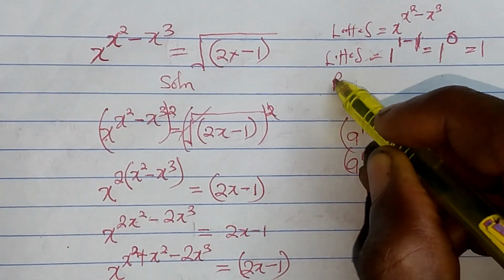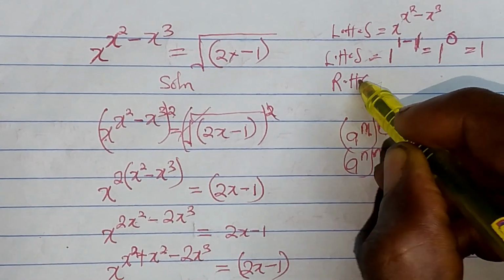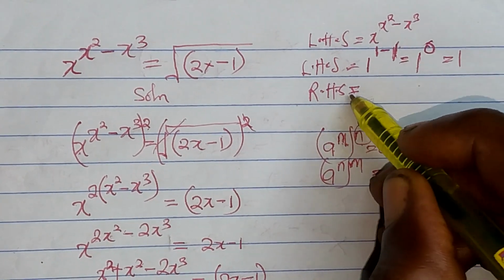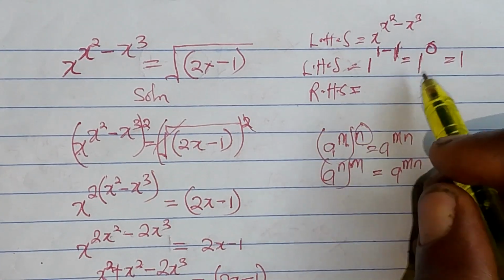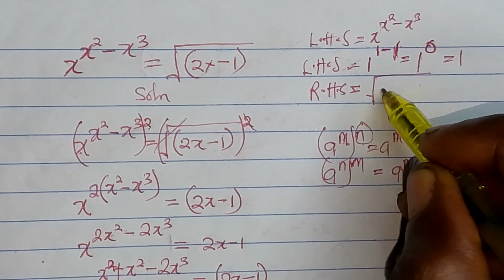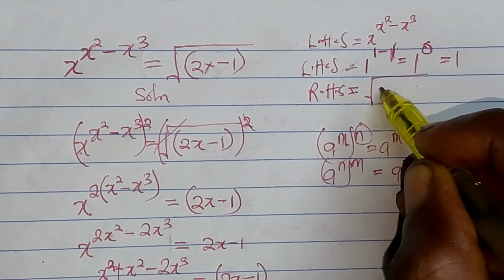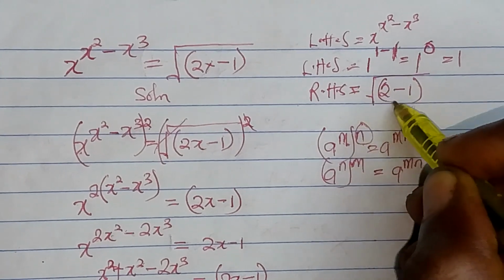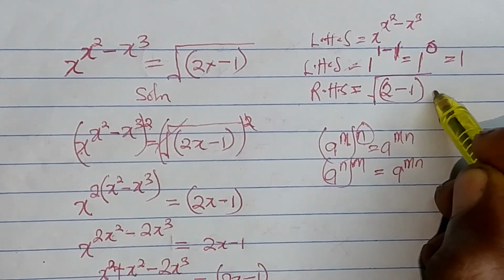So let's consider the right hand side of this equation. The right hand side is the root of 2x minus 1. Substituting the value of x, we have 2 times 1, which is 2, minus 1, and 2 minus 1 here is 1.